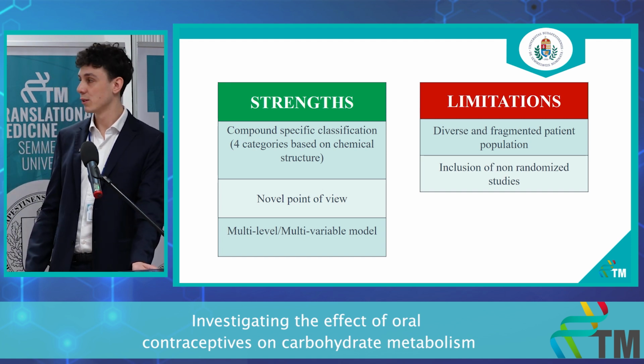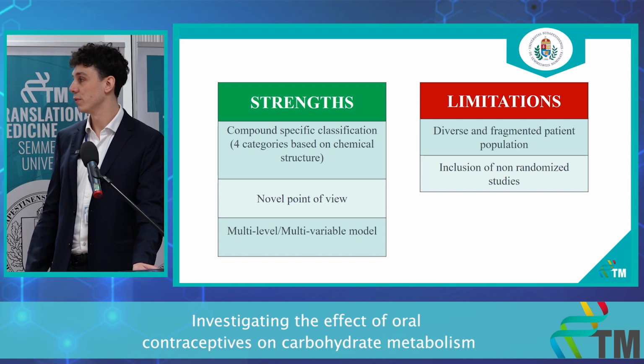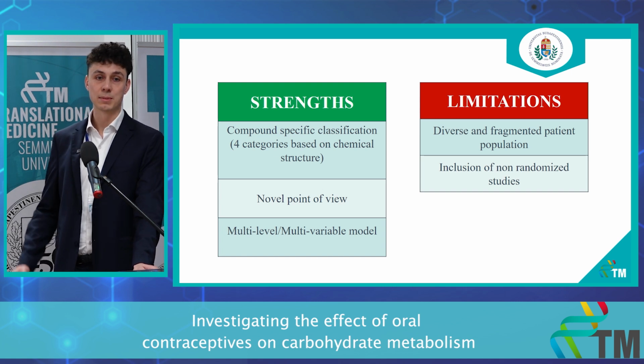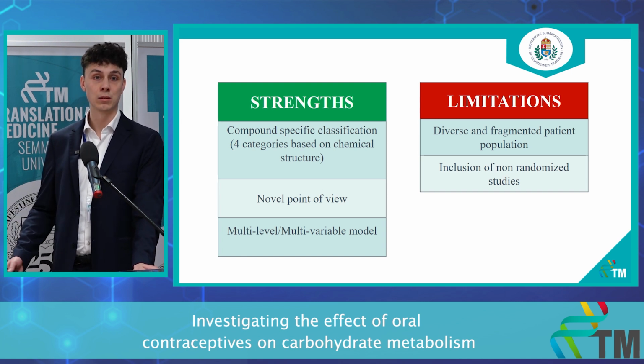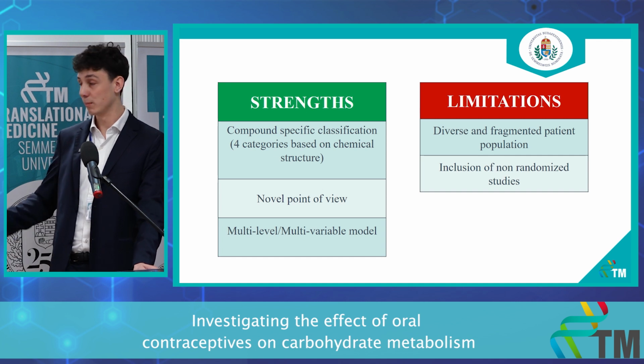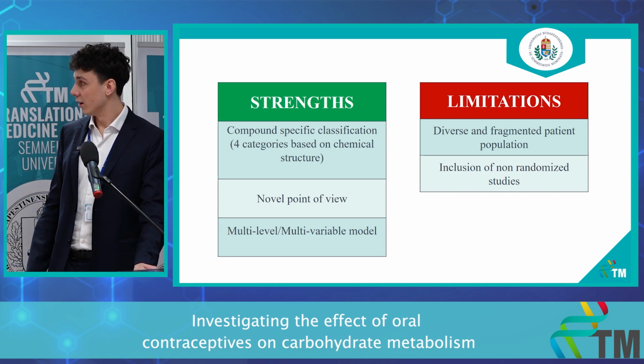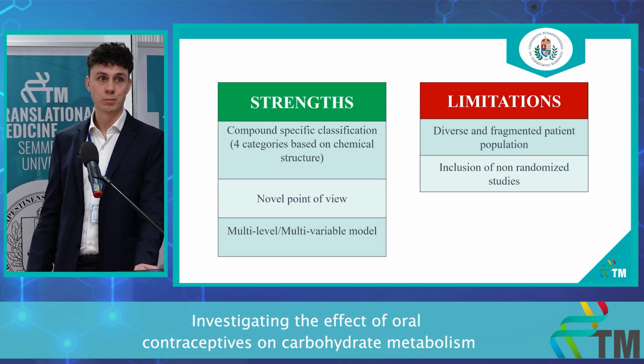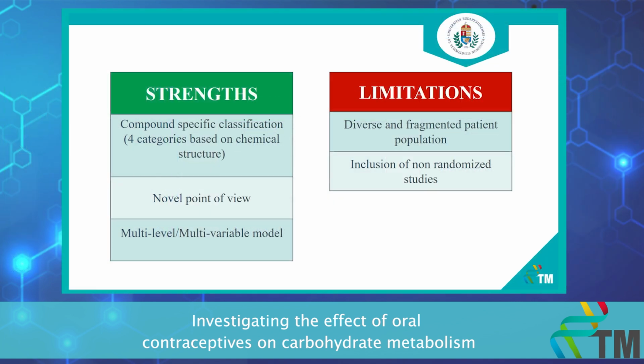So this is quite novel because this hasn't been done before, especially with this multi-level, multi-variable, quite complicated model. Our limitations would be that the population is quite diverse and fragmented, and we also have non-randomized studies as well.